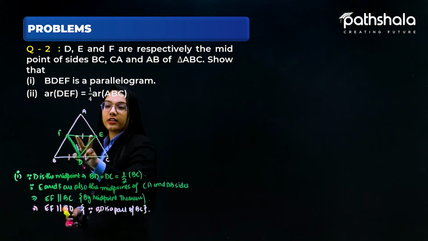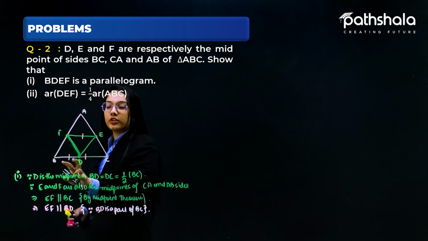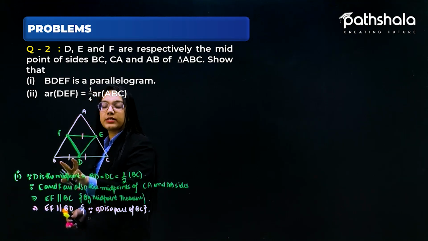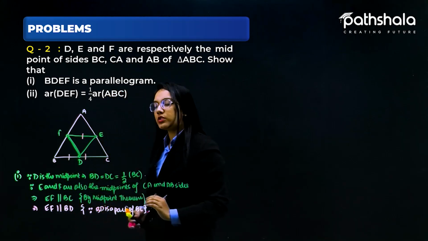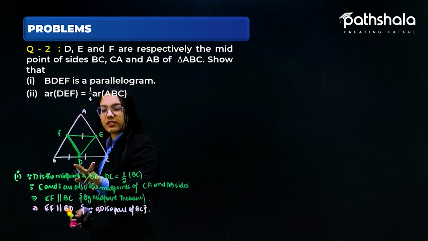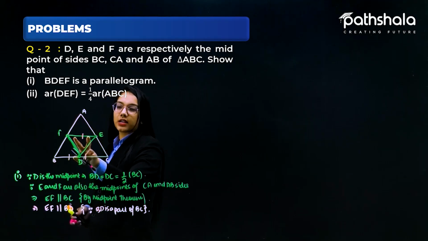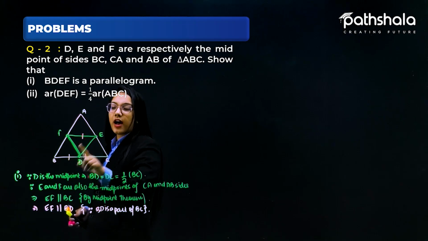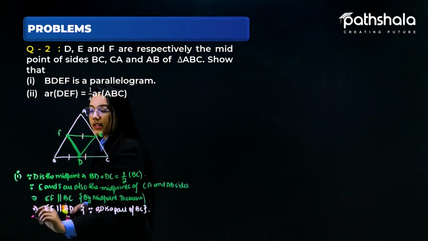We need to prove that these two sides are equal to each other, and if we can prove this, then this will be a parallelogram. Using a concept over here, if we have this as EF and we have this as the whole side, how can we say that they are equal?